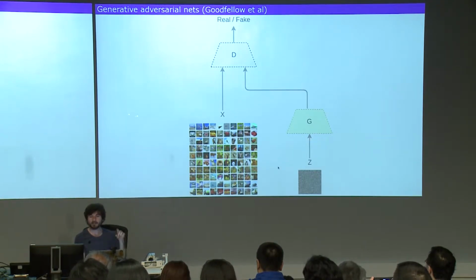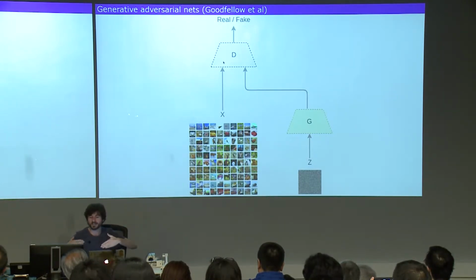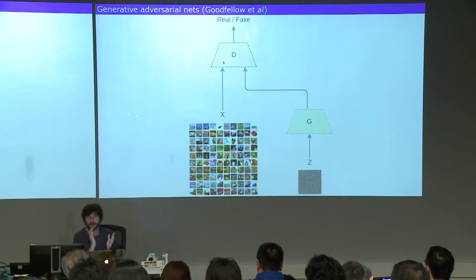So what happens is that these networks are being trained at the same time. G is being trained in order to try to fool D, and D is being trained in order to figure out whether or not the image it's receiving from G is real or fake. So they're competing, right?